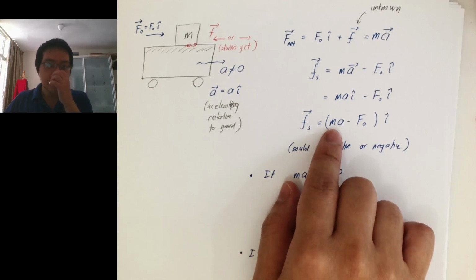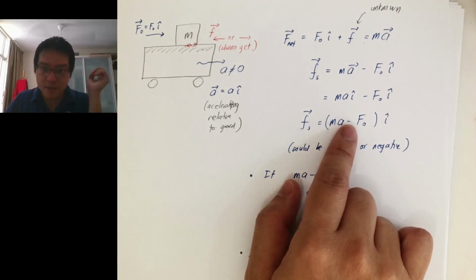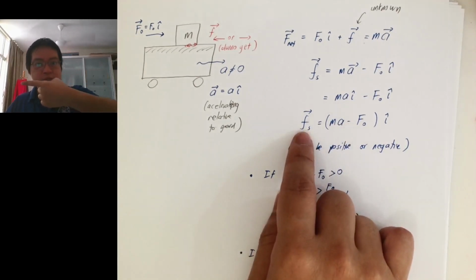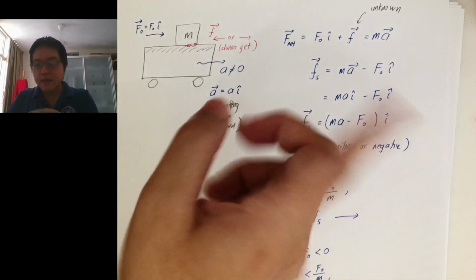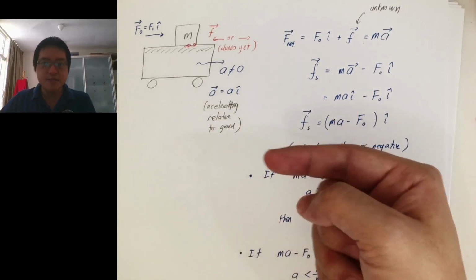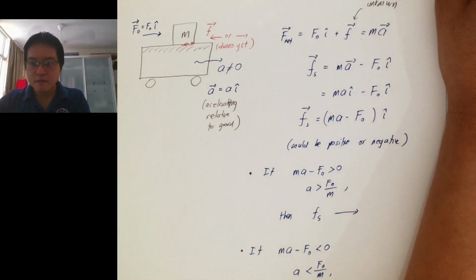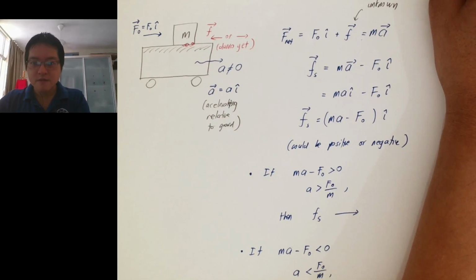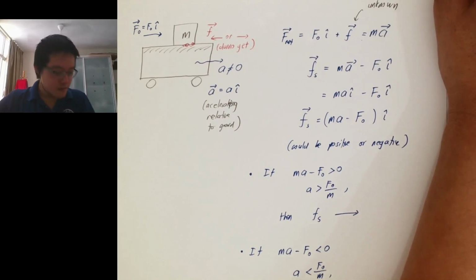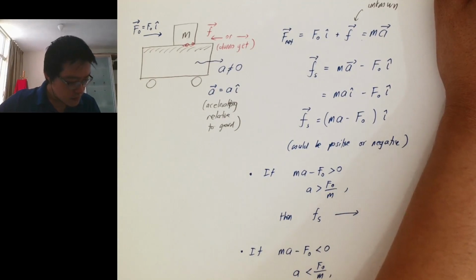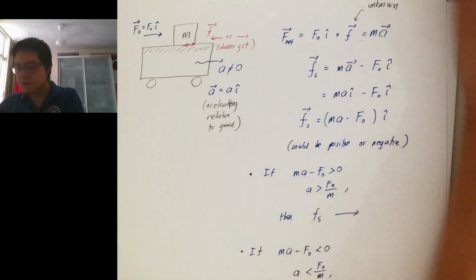If this is a positive number, then F is pointing to the right. If this is a negative number, then it is in the negative direction. That's all. Nothing too complicated about it. Okay, so no question.